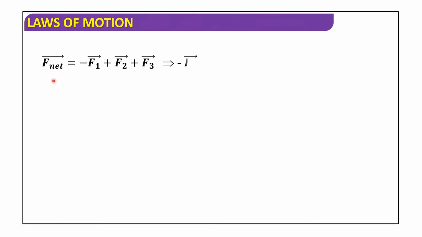So here net force is equal to minus F1 plus F2 plus F3. In the place of F2 plus F3, substituting minus F1. So minus F1 minus F1, minus 2 F1 bar. So here we are getting net force is equal to minus 2 F1 bar.